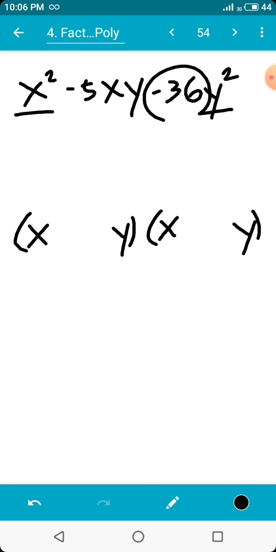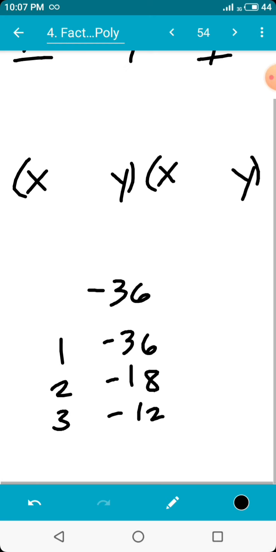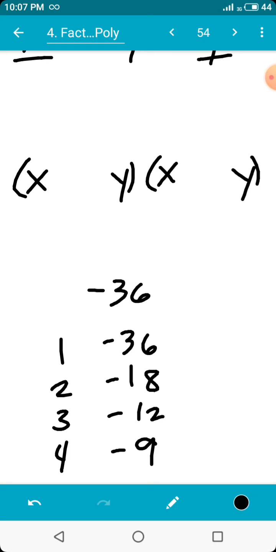So, kunin natin yung factors ng negative 36 na dapat ang magiging sum pag kinombine natin ay negative 5. Okay? So, list muna natin yung factors ng negative 36. So, it could be 1 and negative 36, 2 and negative 18, 3 and negative 12, 4 and negative 9. So, yan na lang muna.